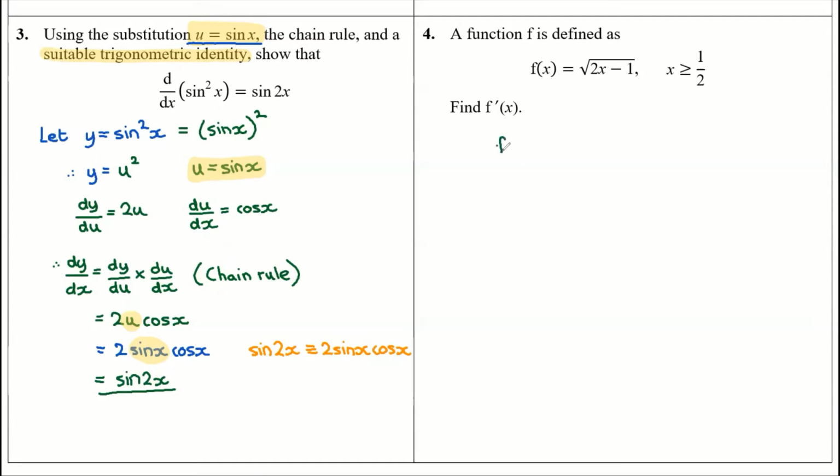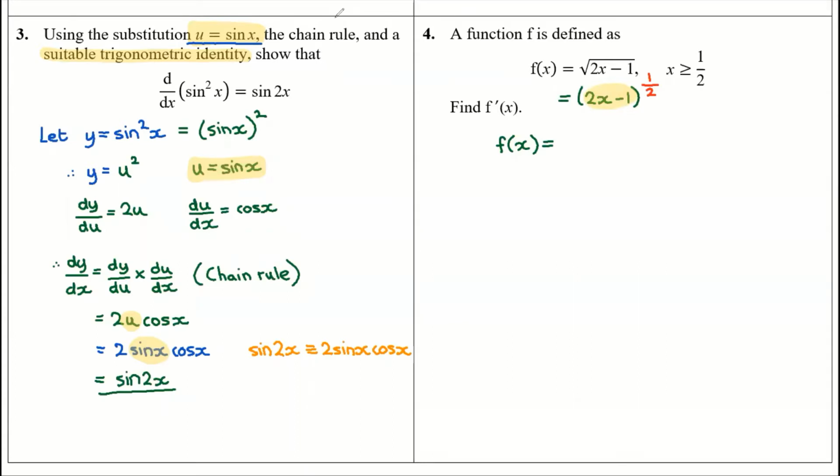Well, the f of x part, you'll notice, this is just going to be 2x subtract 1 raised to the power 1/2. It's the square root, isn't it? So there is my substitution staring at me. I need to take out this part and replace that with u. So let's do that.